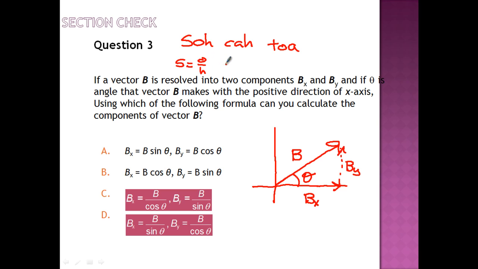So therefore, the opposite equals hypotenuse times the sine. Same thing with cosine. I'm going to get the adjacent equals hypotenuse times the cosine. So these two guys right here.